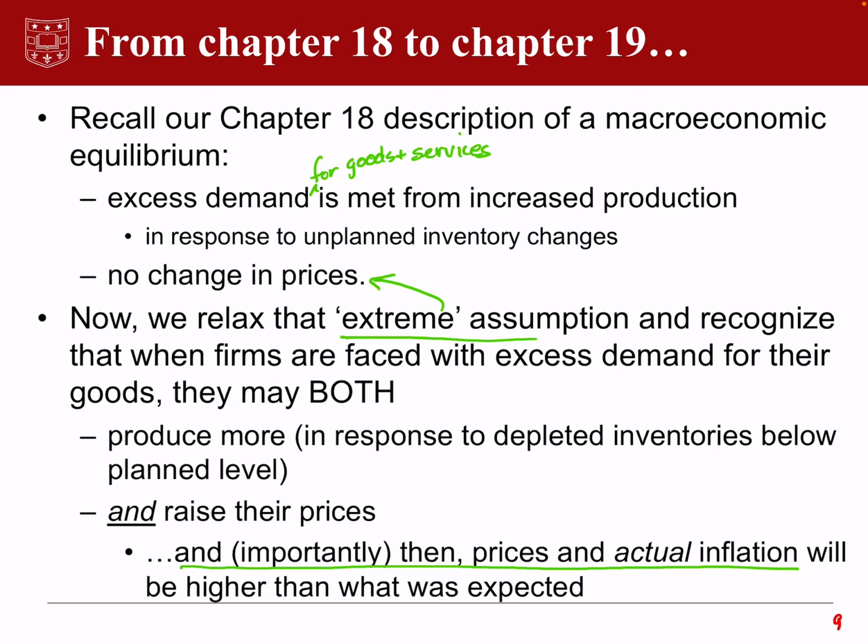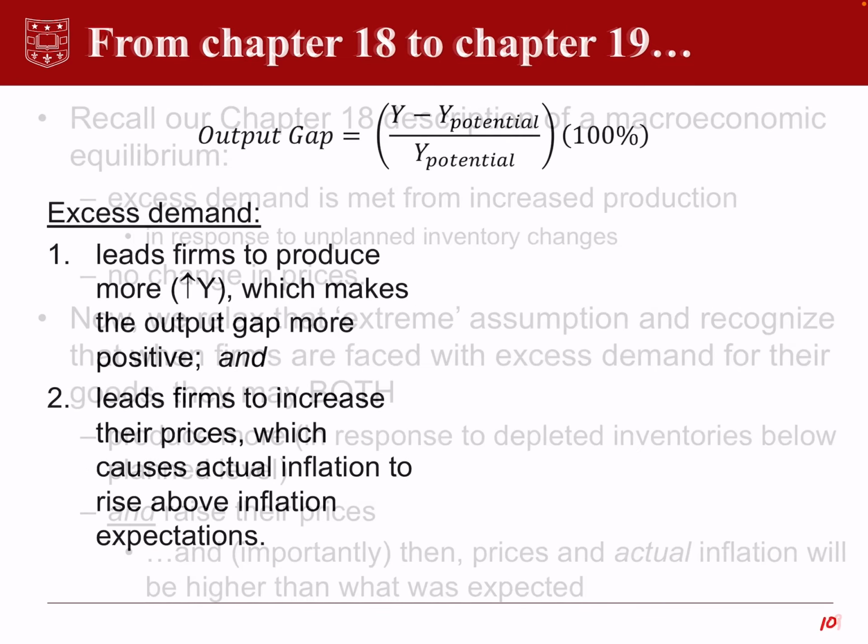And so, as we'll see later on, in the future of these notes, our focus is going to be on the notion of unexpected inflation. So specifically, is inflation higher than expected? Is it lower than expected? And then translate that into what the actual level of inflation is.